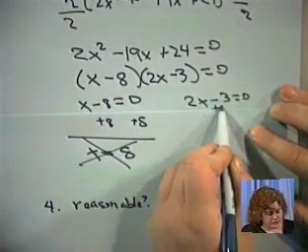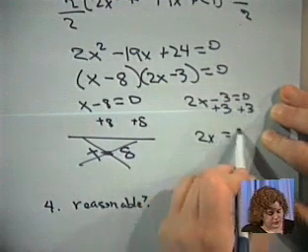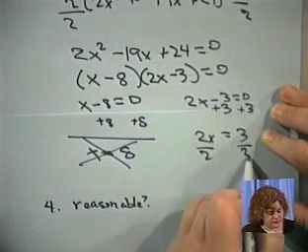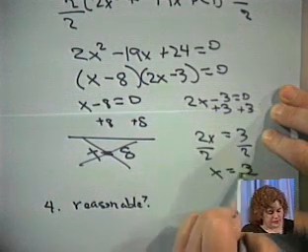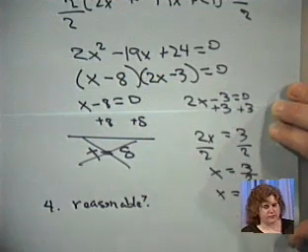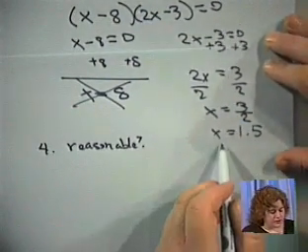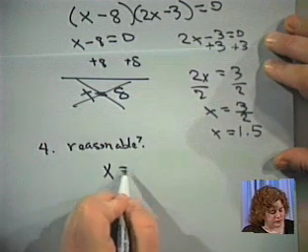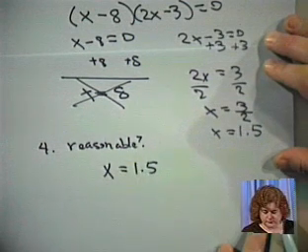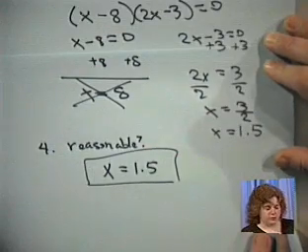Well, adding 3 to each side, 2x then is equal to 3. Divide by 2. x is equal to 3 halves, which in decimal form is 1.5. Let me slide that up so you can actually see it. 1.5 is a reasonable answer. And so that is the number that we keep.